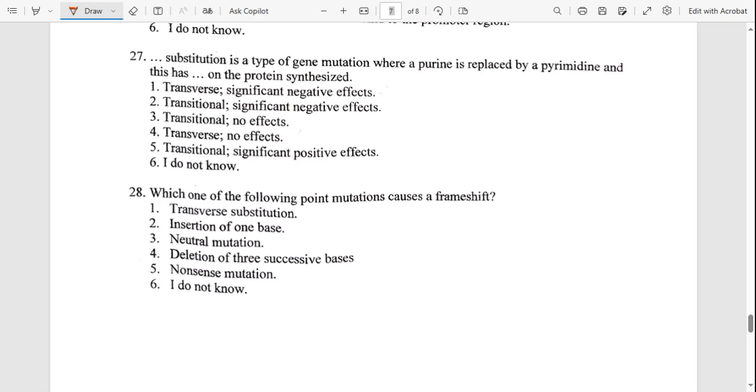Now, for mutations where you have a purine replaced, we have what we call transversion and transition mutations. We need to know the difference between these two.